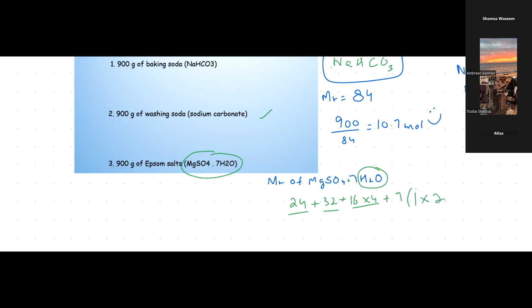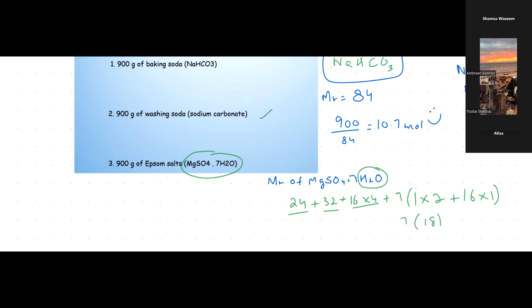And there is only 1 atom of oxygen, so multiplied by 1. Or I could say that 2 plus 16 is 18. I could have written it that way as well, because I know the relative molecular mass of water is 18. Is that clear now?